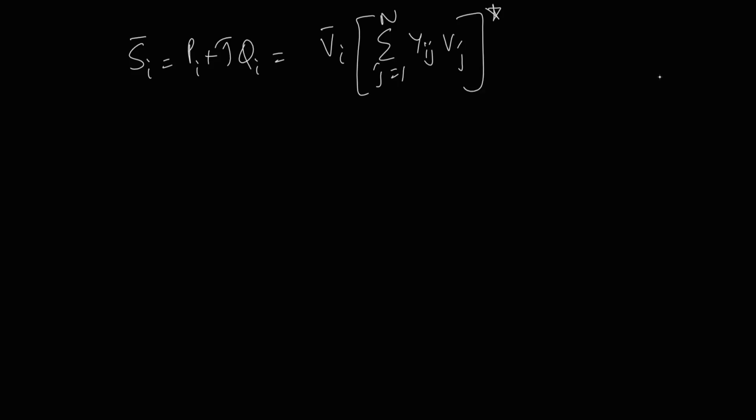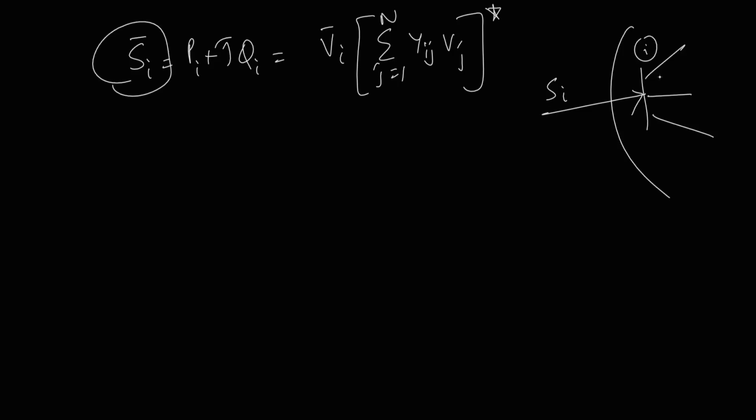What is this? This is the actual complex power injection into the network. Actually, these two are the specified quantities, and we are calculating the corresponding quantity using the bus voltages and the already known system nodal admittance matrix.